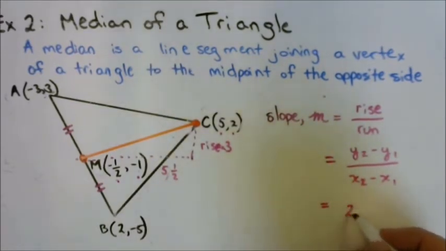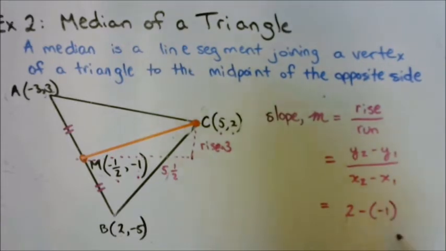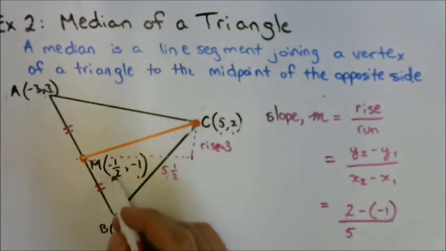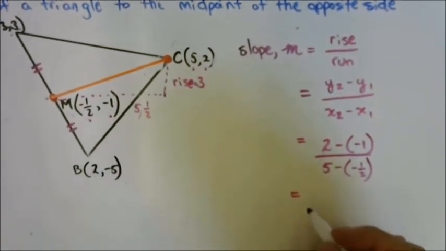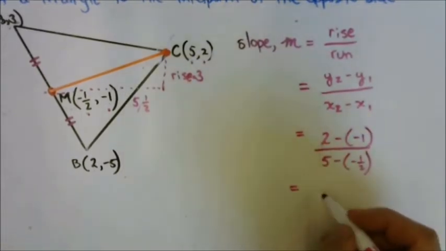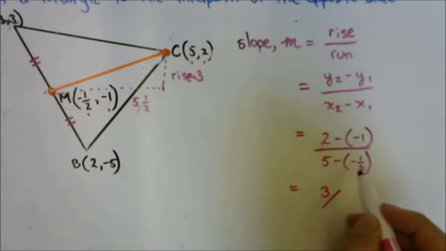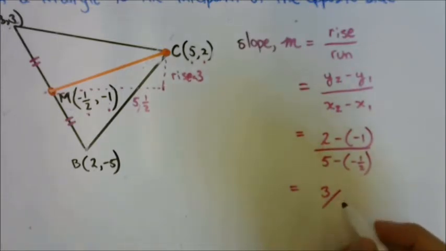Gives us on the top 2 minus negative 1 over 5 minus negative 1/2. That's 2 plus 1, which is 3. And this is 5 plus 1/2, which is 5.5.